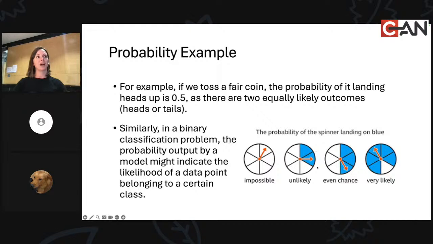As we increase our probability, the event is more likely to occur. In this instance, that little dial, this red spinner, is more likely to land on those blue segments as more of the segments are blue. There's a higher likelihood that when you spin this dial, if it spins evenly and it's well tuned, it's going to land on the blue segments.